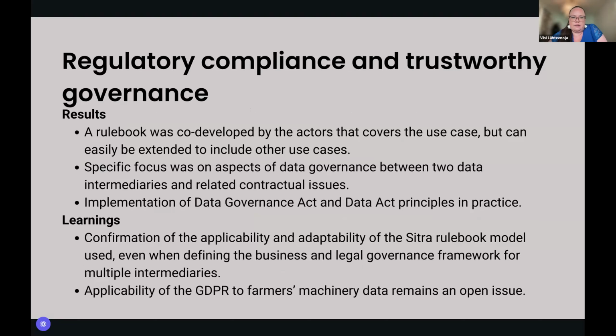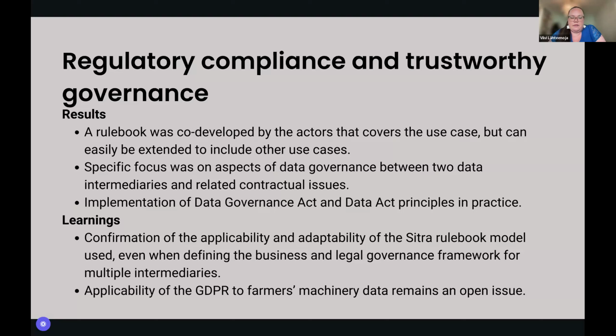And then on the regulatory compliance and trustworthiness of the governance side, what we did was we developed a rulebook. It was co-developed by all the actors in this use case and covers this specific use case. But we are pretty confident that it can be easily extended to include also other use cases.